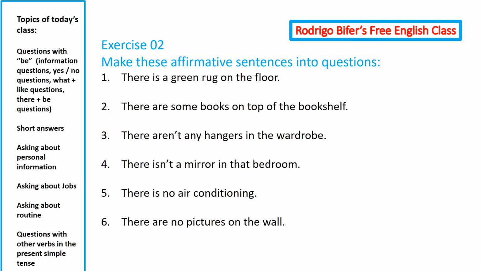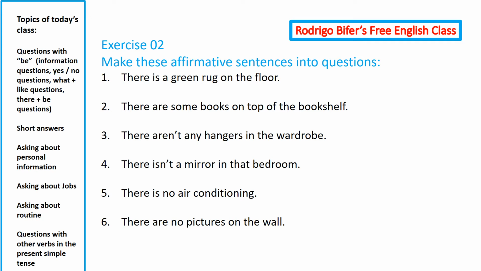So instead of having the sentence in an affirmative format, there is, there are, we have is there, are there. So is there, is comes before there, are there. Okay, so the first one, to make this a question, we would say, is there a green rug on the floor?